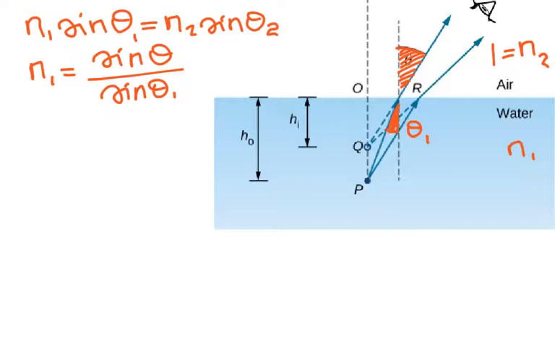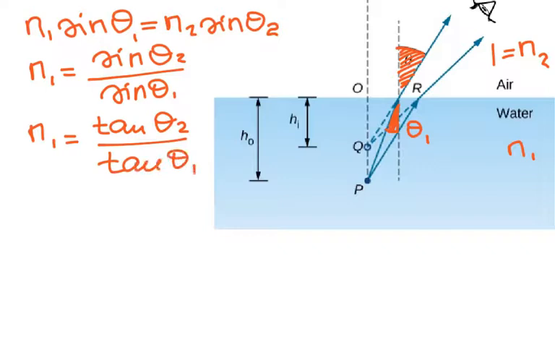And for small angles, as we talked about when we did the thin film effect, the sine of the angle is equal to the tangent of the angle. So we could rewrite n1 as tangent theta 2 over tangent theta 1.